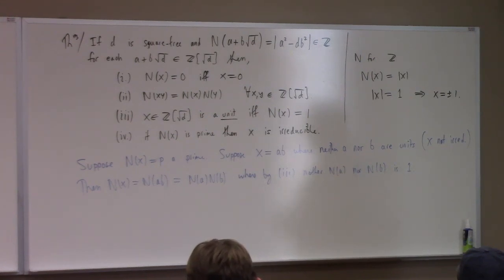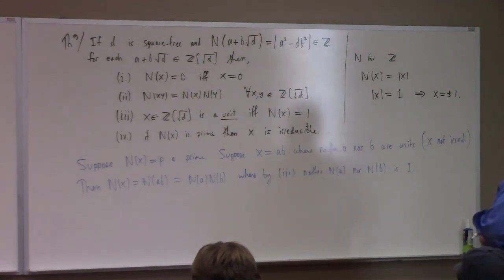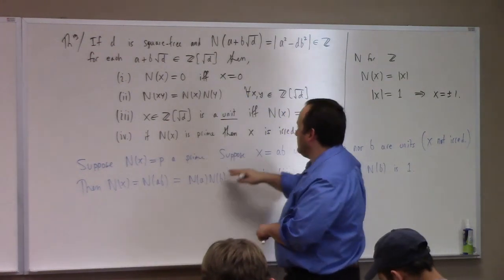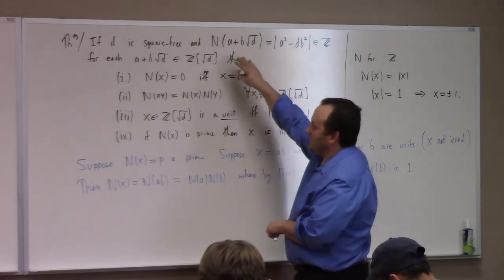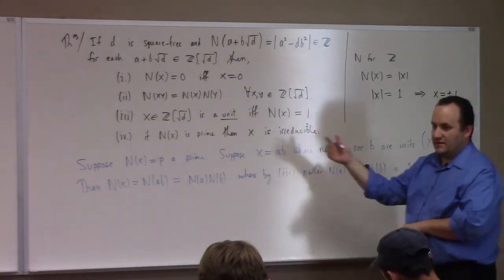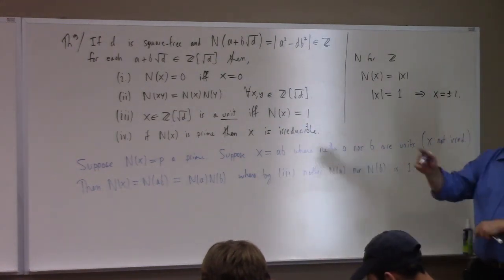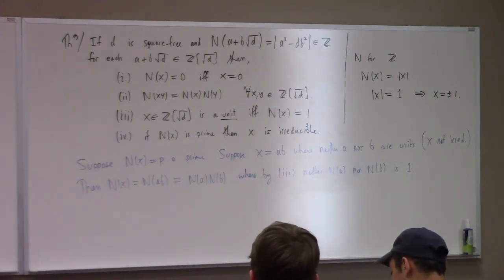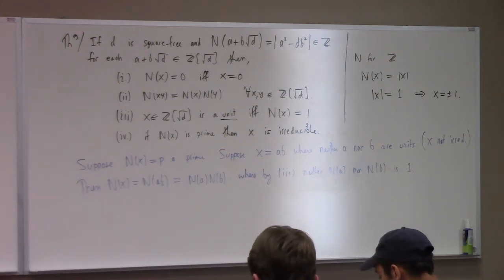Do you see why this is such a nice tool for these objects, this particular ring, Z adjoin root d? It's because we trade these complicated questions about a plus b root d for just a simple question about an integer, right? Applying that to my previous example here, to see that this is irreducible, it's a simple matter of calculating the norm.